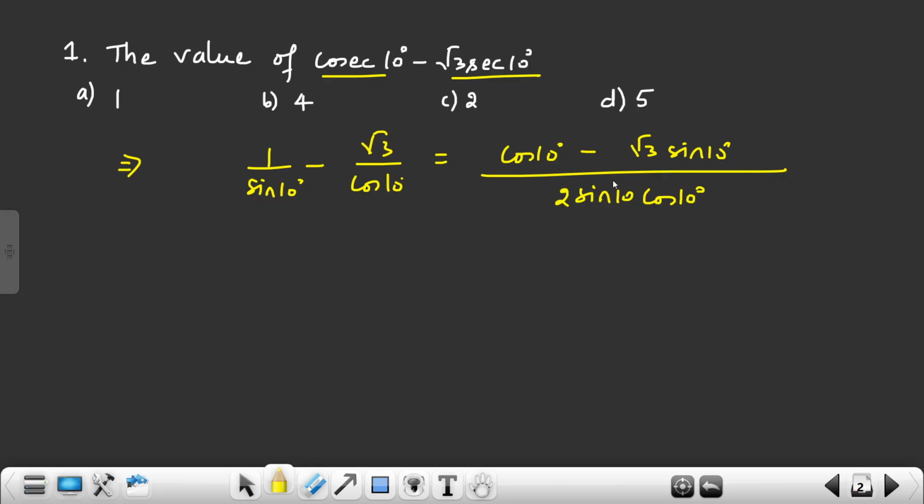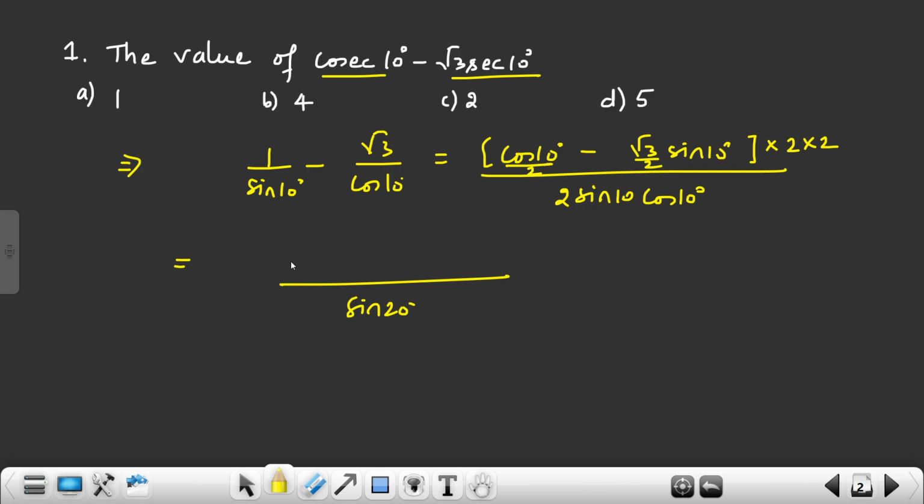So multiply by 2 and divide by 2, right? And inside it also divide by 2 and multiply by 2. So now as you can see, below it is sin 20, that is 2 sin theta cos theta, right?